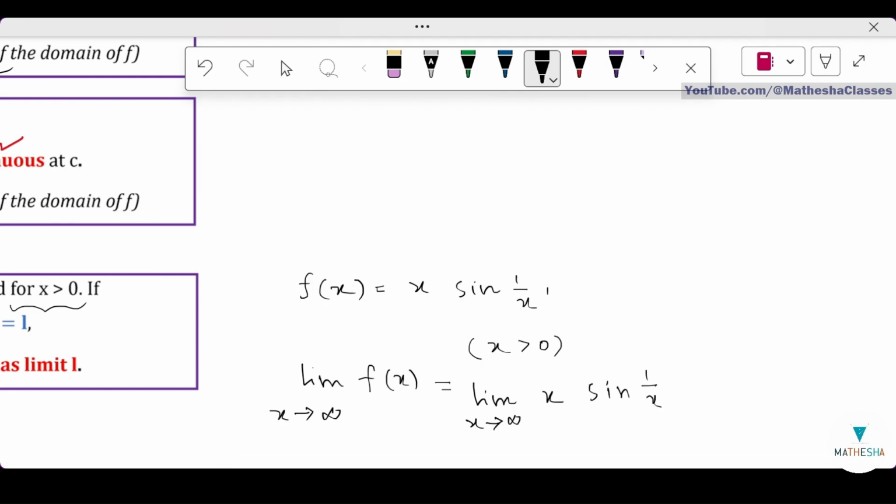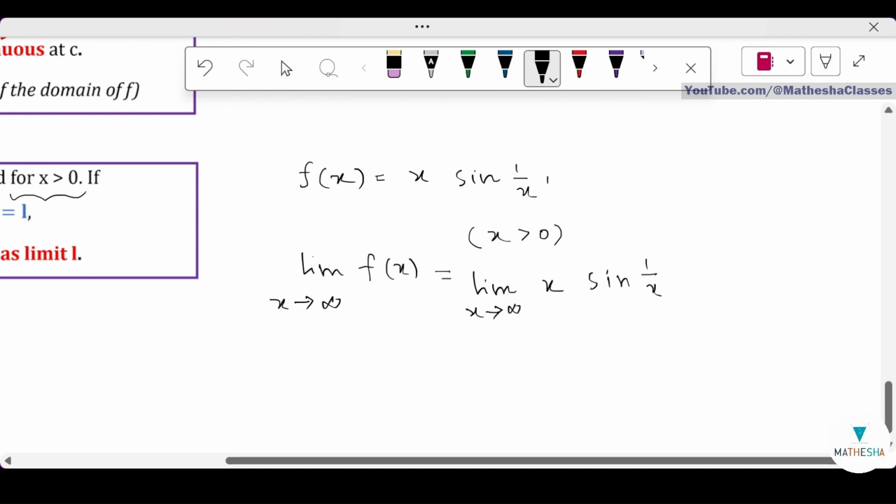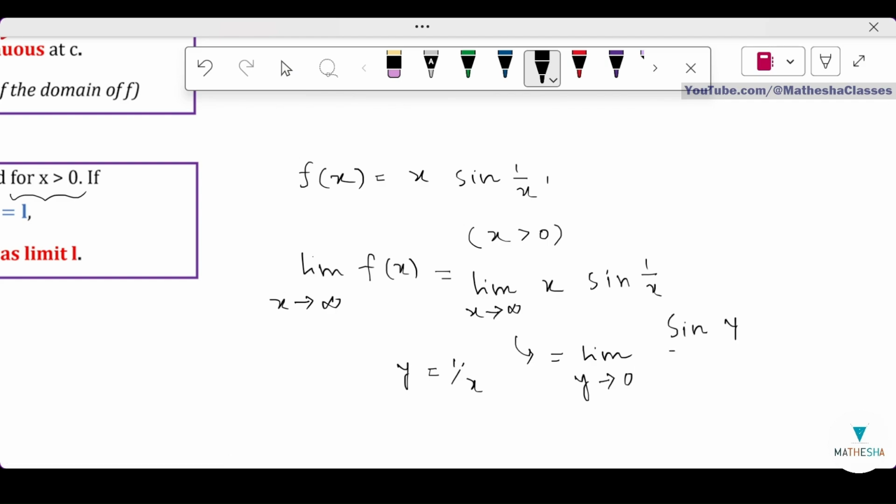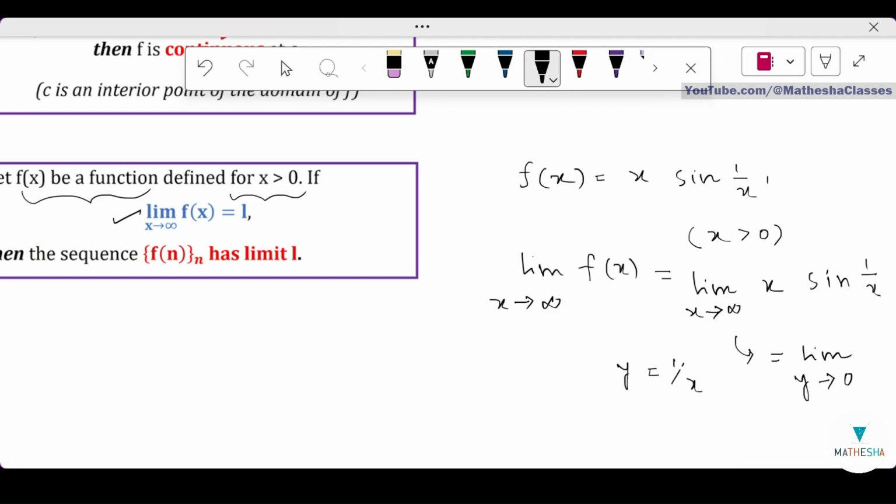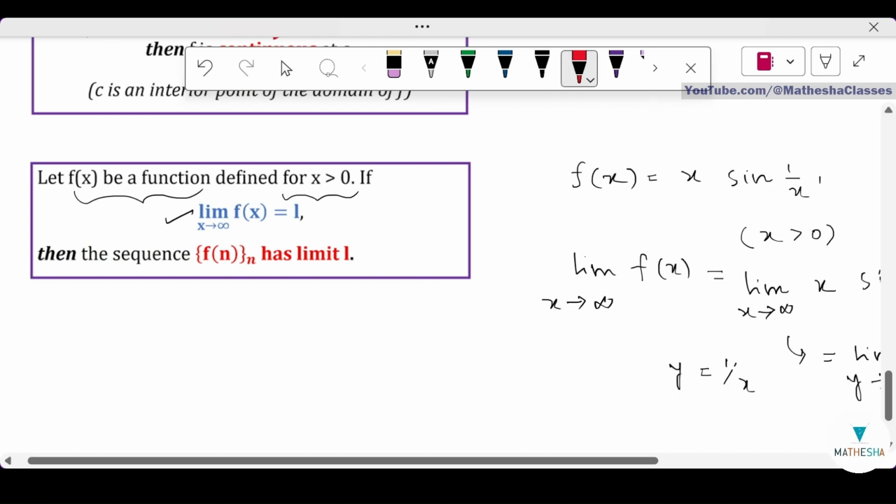So if you take a new variable y to be 1 upon x, then that will be limit y tends to 0 sine y by y. So definitely the value of the limit is 1. तो इस फंक्शन के लिए L का वैल्यू 1 है.